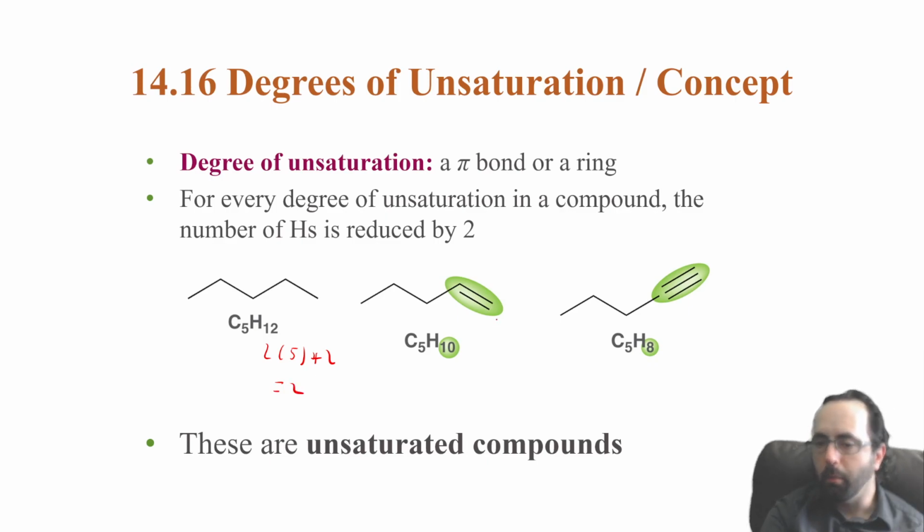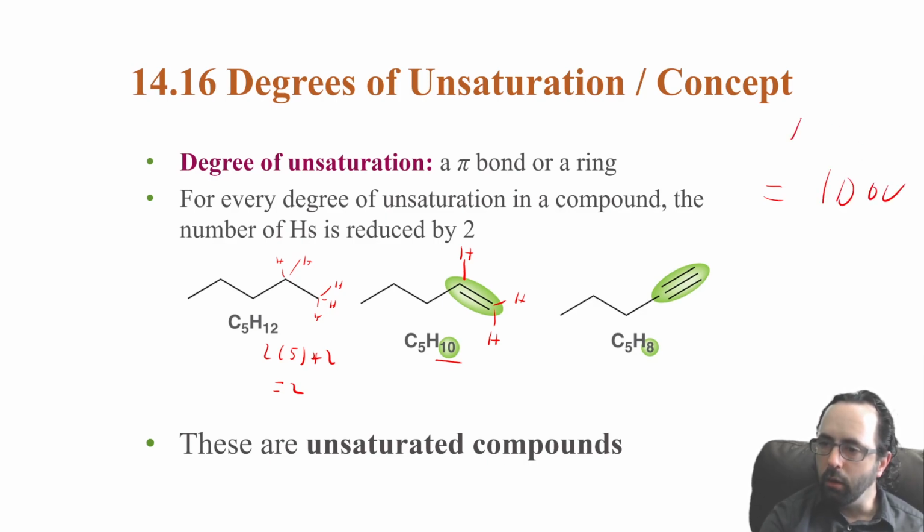But if we have a double bond now, notice we had 2 hydrogens here, and we had 3 here. So in the double bond, we essentially lose 1 hydrogen from each carbon. So for every double bond, we have 2 fewer hydrogens. So we say that a double bond is 1 degree of unsaturation. And a DOU means we have 2 fewer hydrogens.